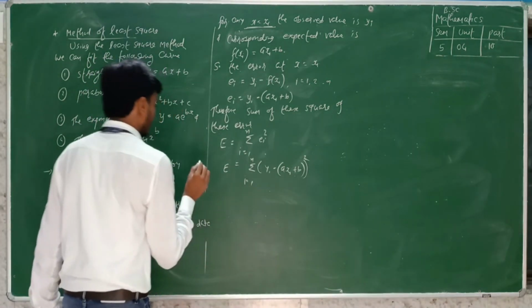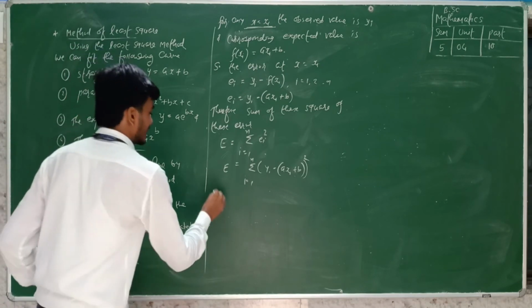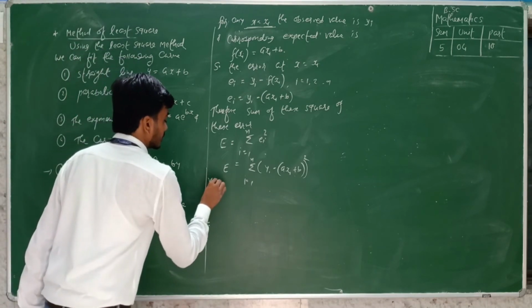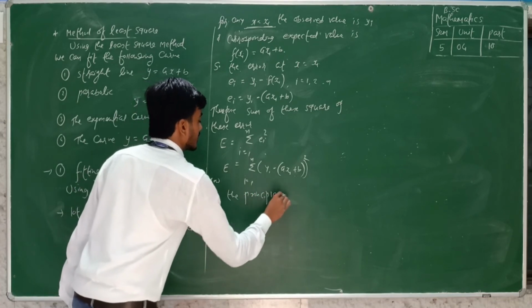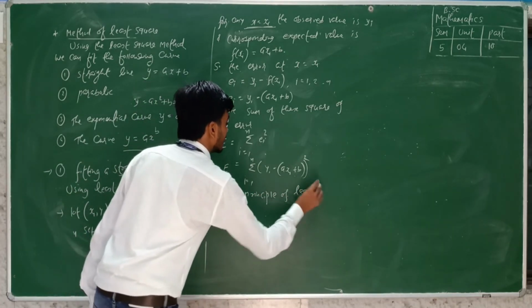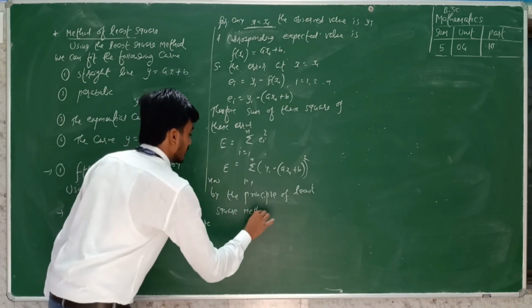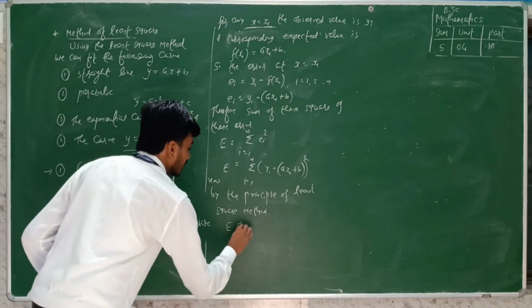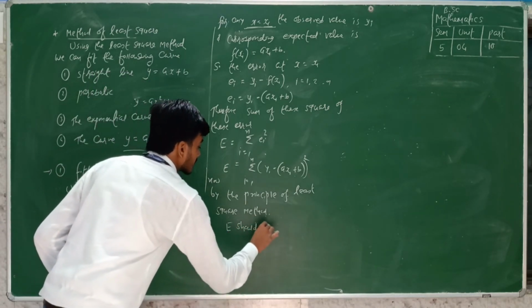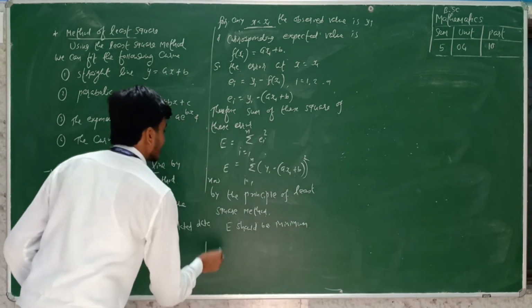So E should be minimum or 0 by the principle of the least square method. By the principle of least square method, E should be minimum.